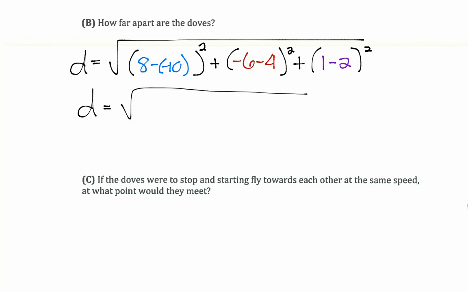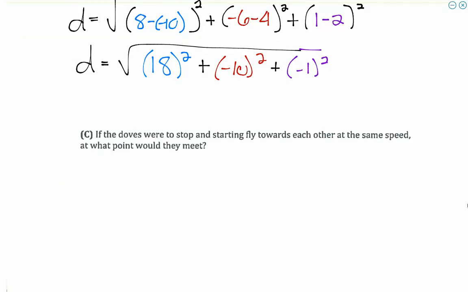So this is going to be 18 squared, negative 10 squared. Notice how I'm keeping them in their parentheses still. That's going to help me in my calculator. And then negative 1 squared. So 18 squared, I don't know that off the top of my head, 324.